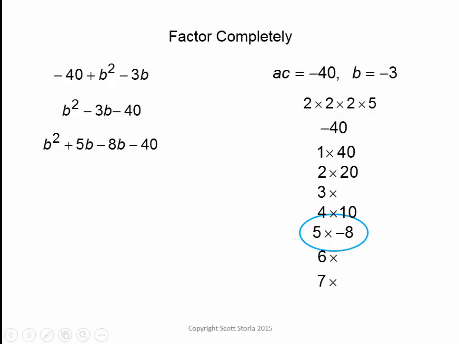I'll continue and factor by grouping. And then I'll check my work. B squared minus 8b plus 5b will be minus 3b. And then 5 times negative 8 will give me my negative 40.